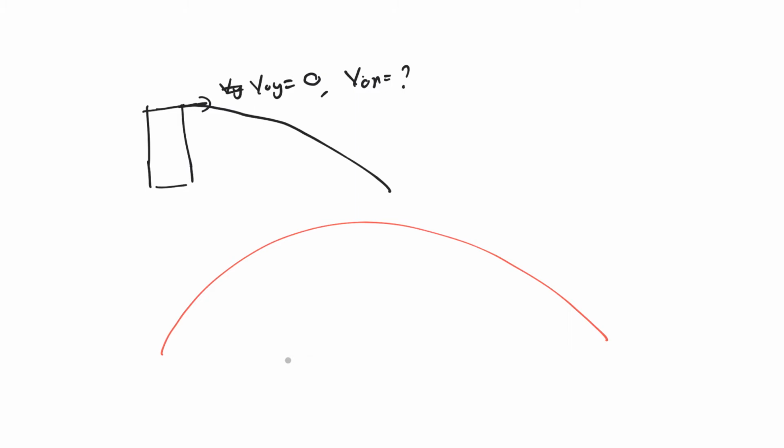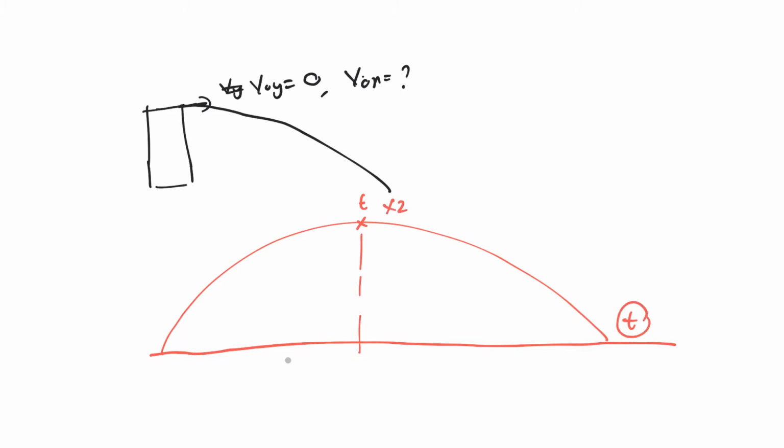For example, if the question asks you to find time, and you throw and reach at the same position, meaning the same level, it is a parabola. You can find the time to the top first, and then because it's a parabola, you just multiply by 2 to find the total time. Because air resistance is negligible, we are going to get a perfect parabola shape.